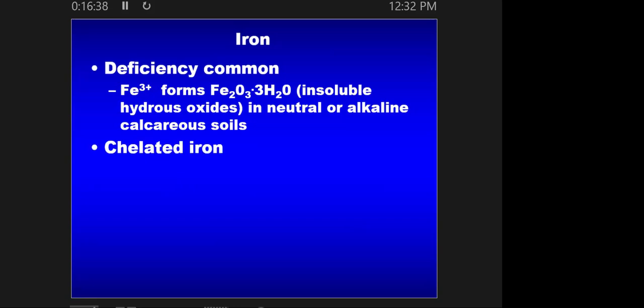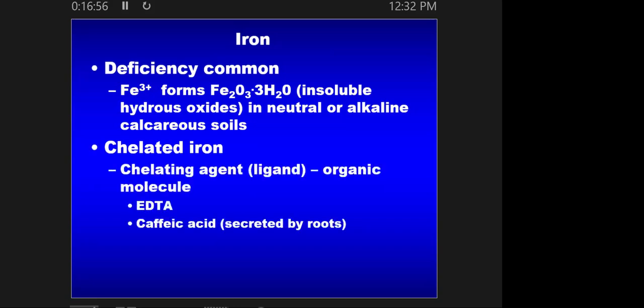So then what they've found is that some plants have evolved mechanisms to grab iron, especially even like the ferric form, and they do that through chelating it. And so what they do, like in the lab, what we do to chelate iron and get it more soluble is we add EDTA to the solution, or you could add in caffeic acid.